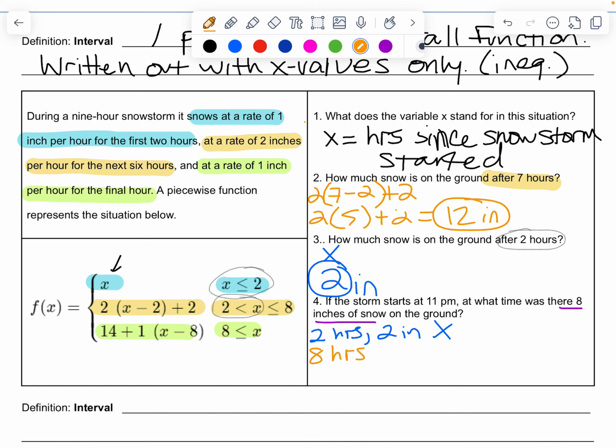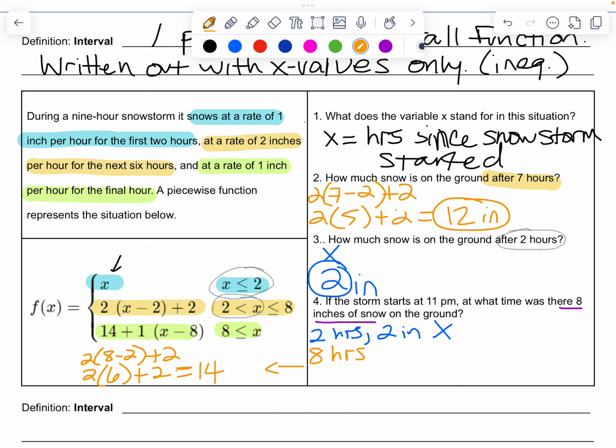So if I did that, I'm going to be well over that 8-inch mark. All right, I'm going to be at 14. 12 plus 2 is 14.